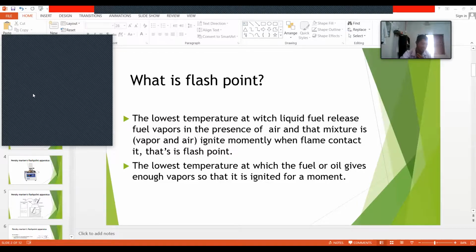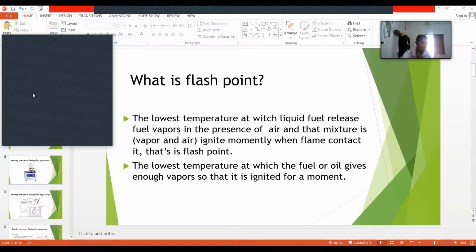So did you understand, 058? Did you understand what is flash point? Okay, sir. Yeah, you understood, right? Then what do you think about the flash point of petrol? Is it below the room temperature or higher than the room temperature? The flash point of the petrol, I am asking, petrol, not diesel.